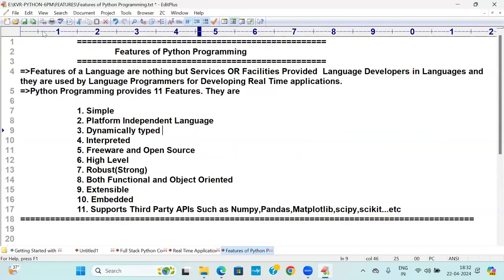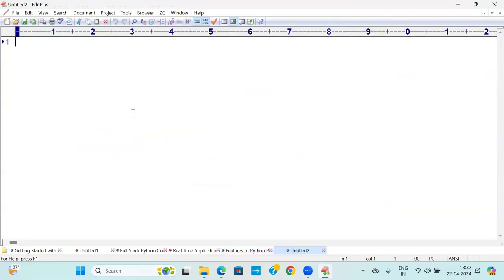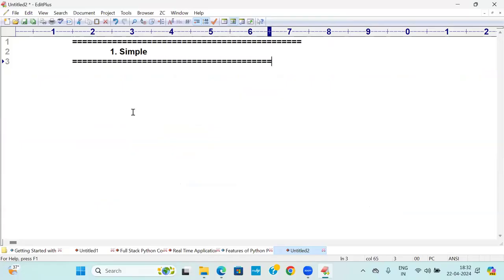These are what I wrote in the last class. And in today's class, we are starting with the first feature, simple. This is what I am going to discuss. This is my agenda, which I already discussed, and today we are going to start with simple.